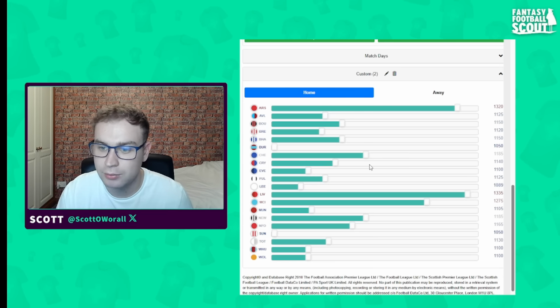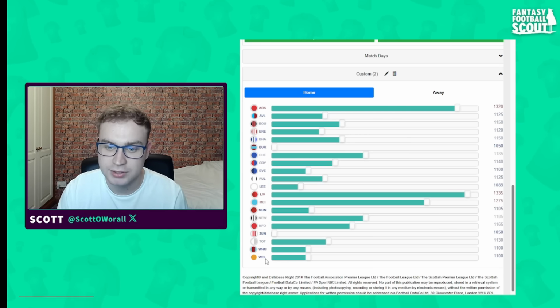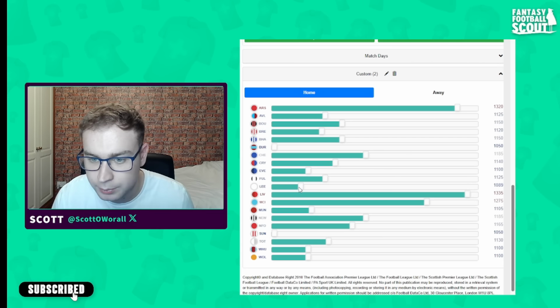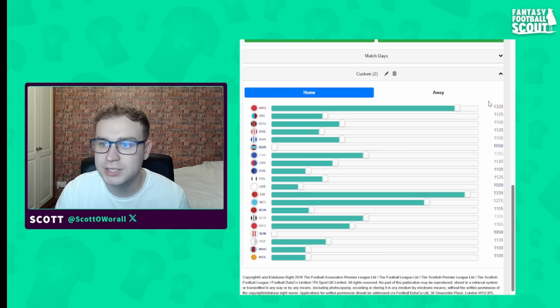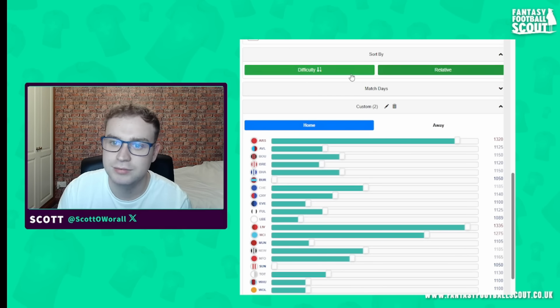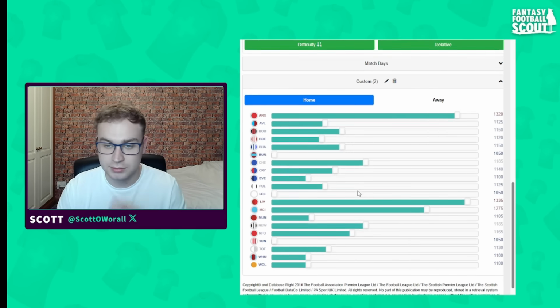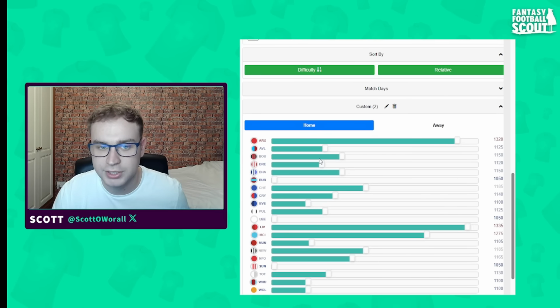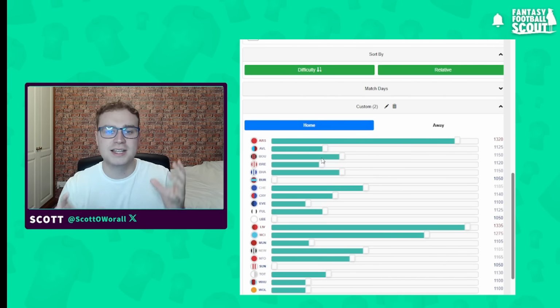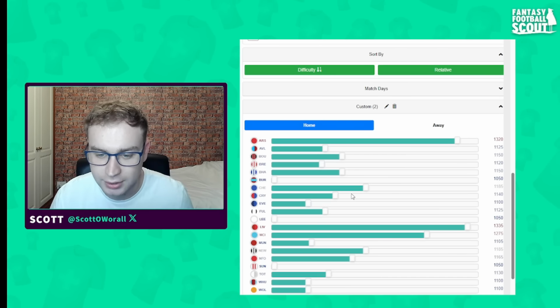So rather than being 1050 like Burnley and Sunderland, if you think Leeds are stronger, you could move them up, and that will be reflected when you then type in and press difficulty, so you will see a change based on the different requirements you're putting in. These are basically statistics that decide what makes a good fixture and what makes a poor fixture.